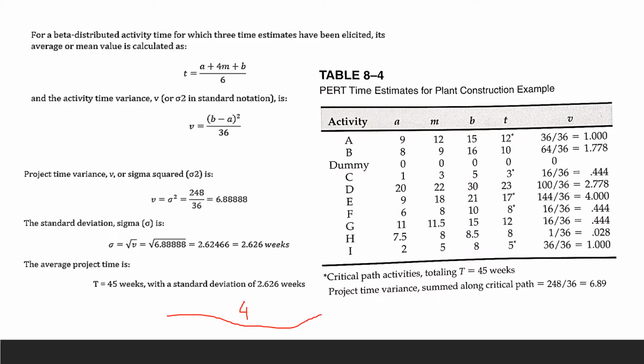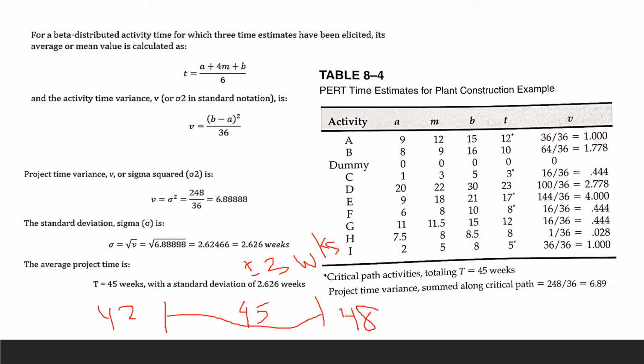This is our estimate, 45, and then we have our tolerances right there. If you subtract 3, you get 42, and the maximum is going to be 48, because 2.6 rounds to 3. So plus or minus 3 weeks is your standard deviation.